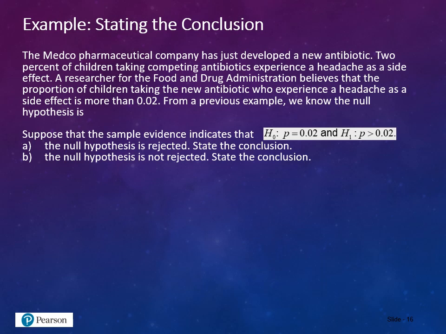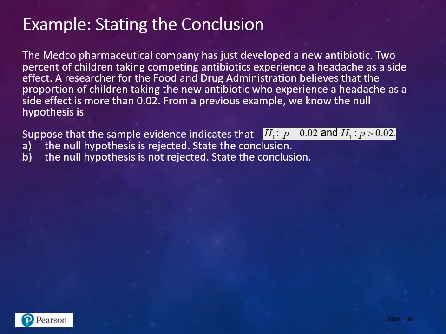So let's look at our final example here. The Medco pharmaceutical company has just developed a new antibiotic. 2% of children taking competing antibiotics experience a headache as a side effect. A researcher for the Food and Drug Administration believes that the proportion of children taking the new antibiotic who experience a headache as a side effect is more than 2%, or 0.02.